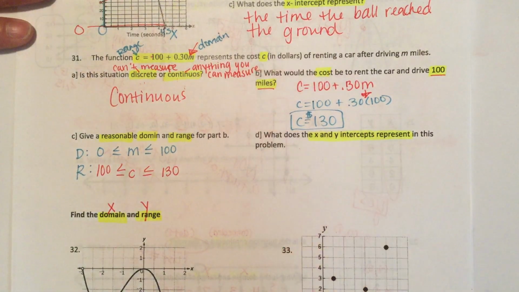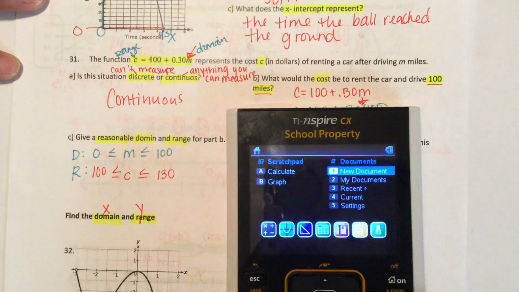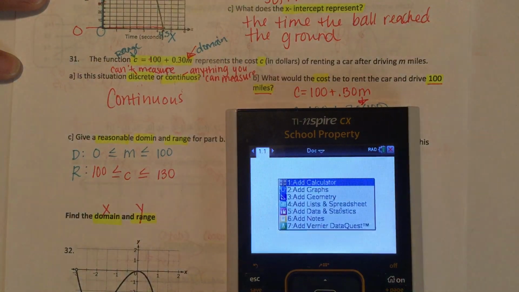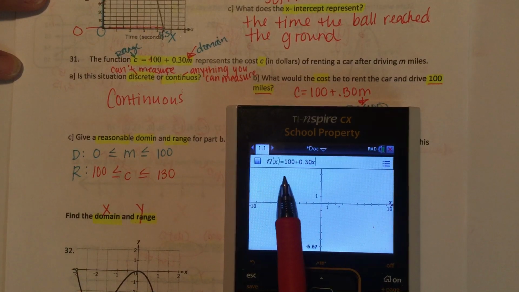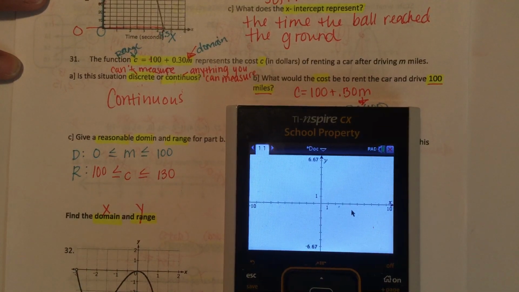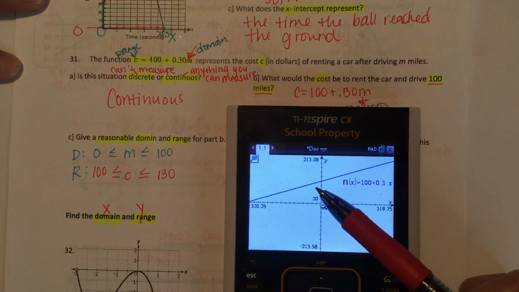What does the x and y intercepts represent? Well, if you wanted to identify your x and y intercepts, you can go to your graph page and graph the equation 100 plus 0.30x. It's like y equals, enter, menu 4 to zoom out. When you look at this graph, it starts at a number here, which is 100, that's your y-intercept.